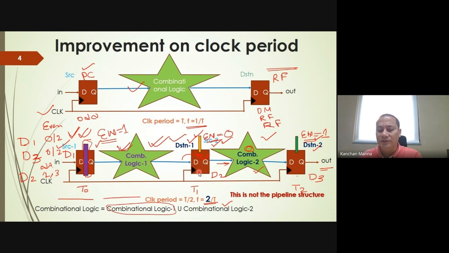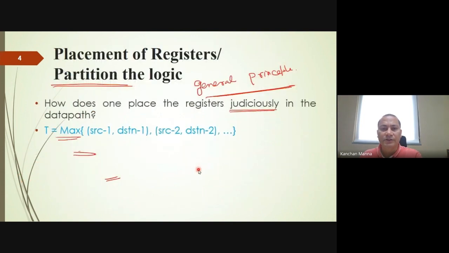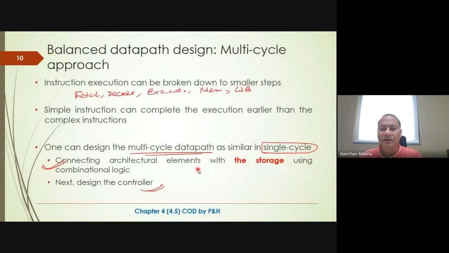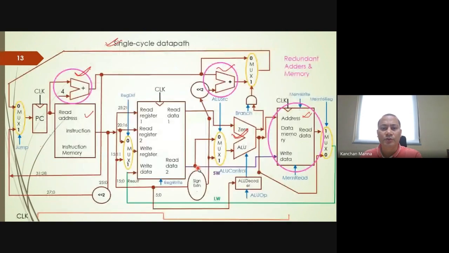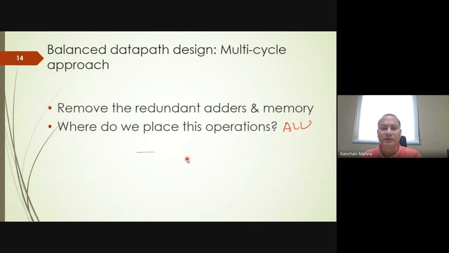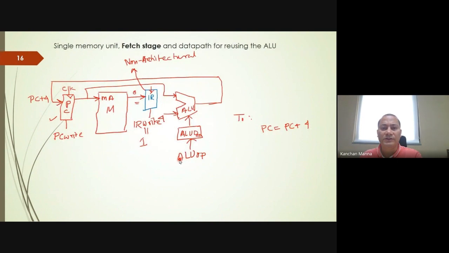Next, we applied this general principle to design the multi-cycle MIPS processor. We took each individual instruction and drew the data path. While designing the data path, we removed redundant resources such as the data memory that we had in the single cycle one, and also removed the additional adders.